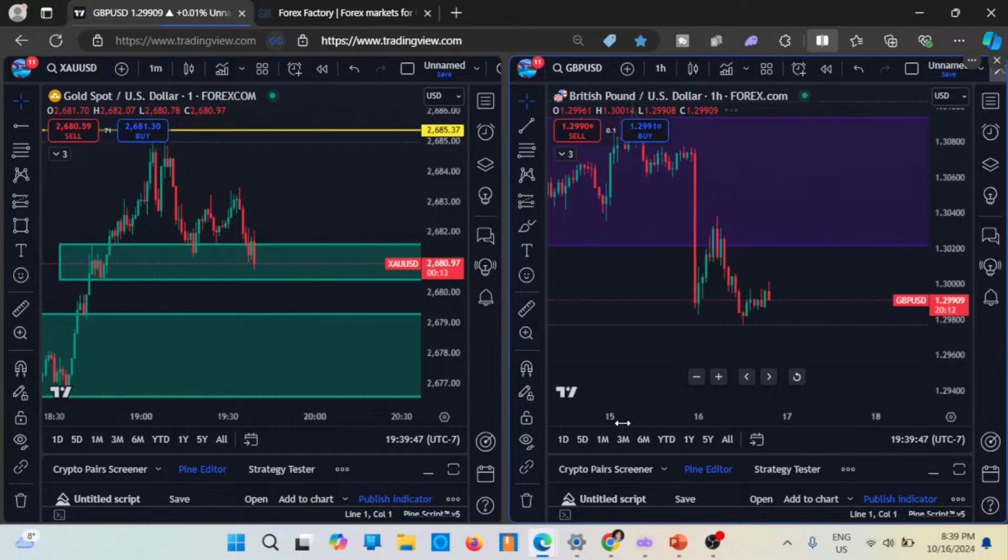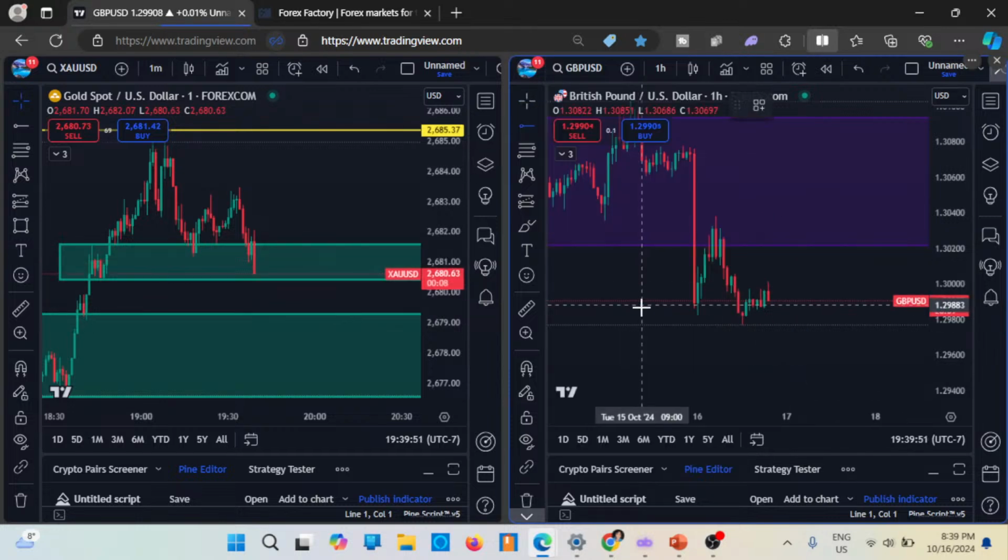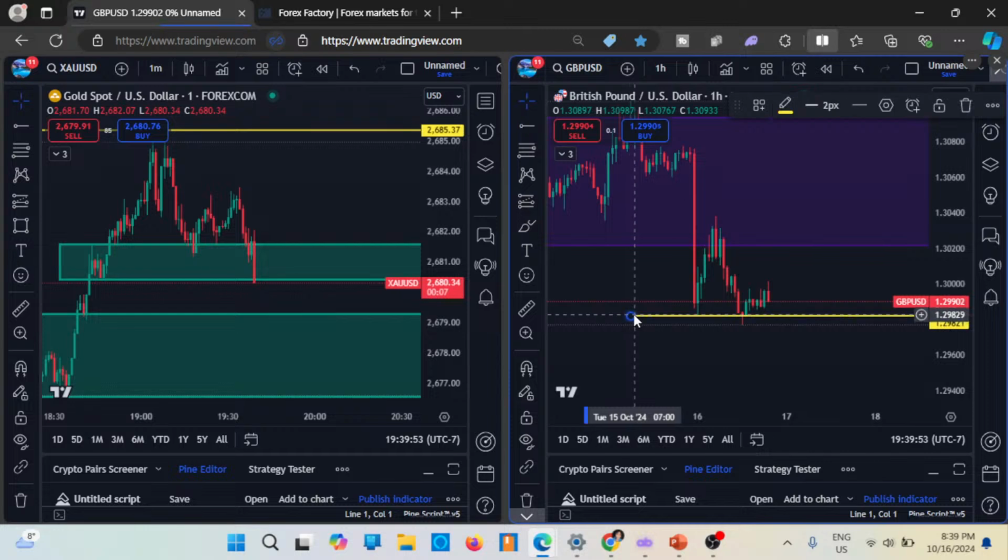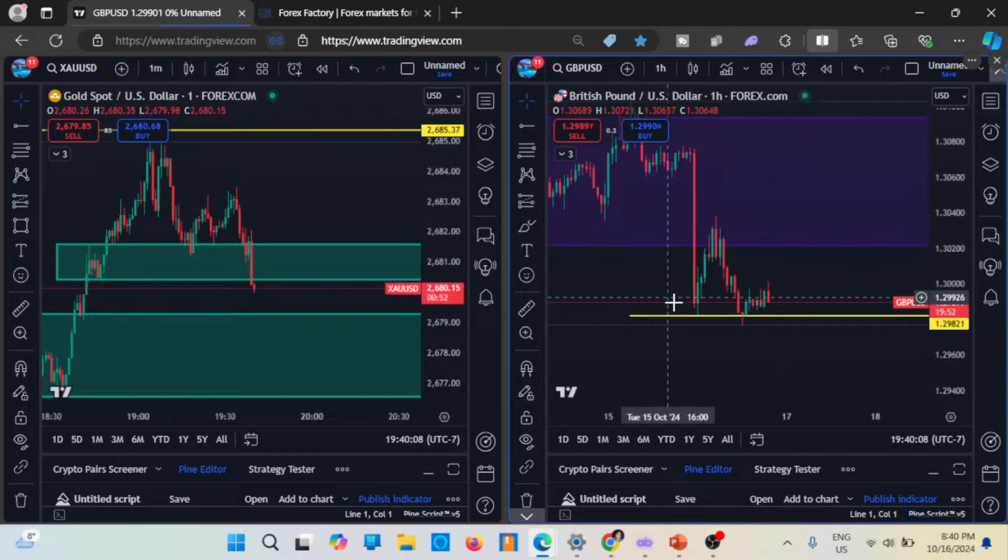We are in a downtrend. There's no uptrend. Both the 4-hour, 1 hour, and daily time frames are all currently in a downtrend.